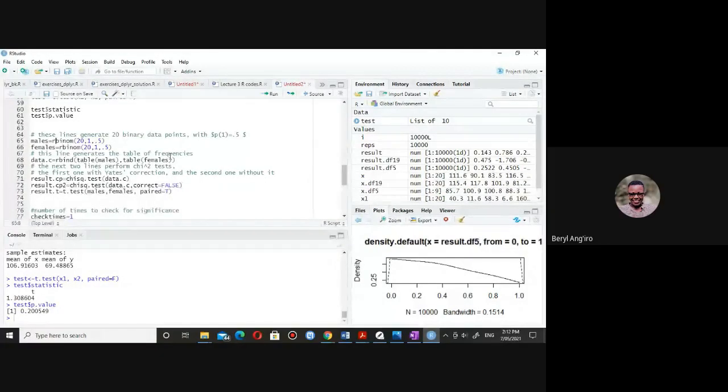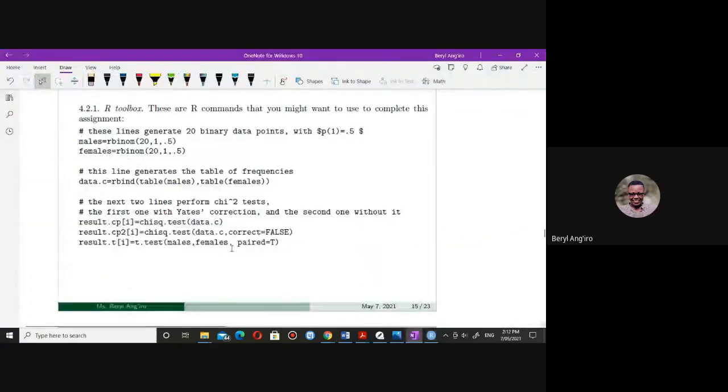So for male, we use rbinom, generating 20, 1, and then p is 0.5.